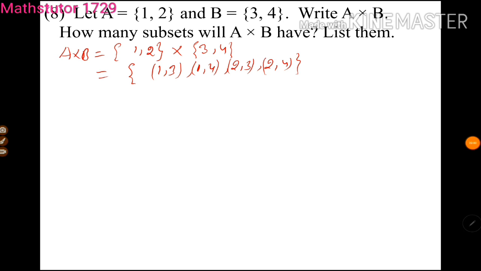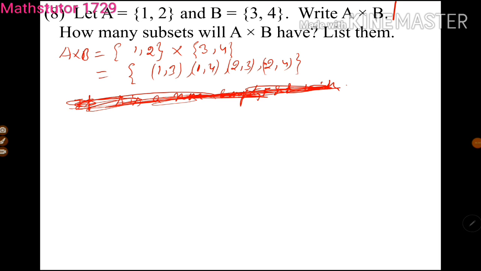Now find how many subsets A cross B will have. But here we have to notice that if A is a set having n elements, meaning n(A) equals n, then the number of subsets of A is 2 to the power n(A).